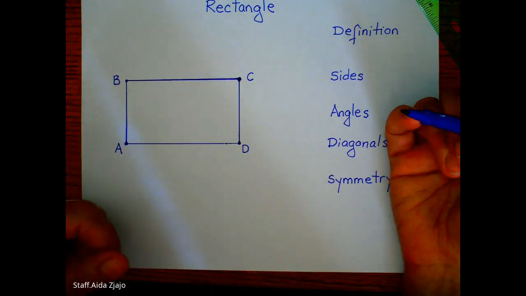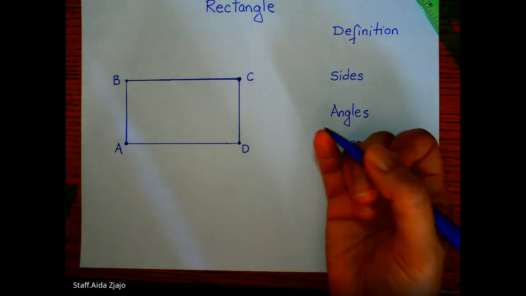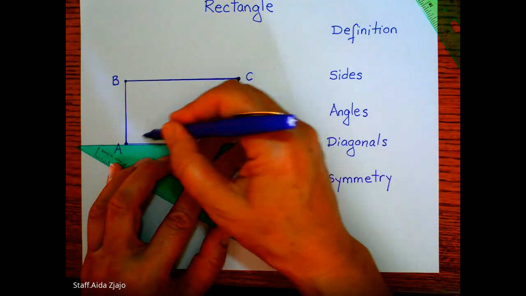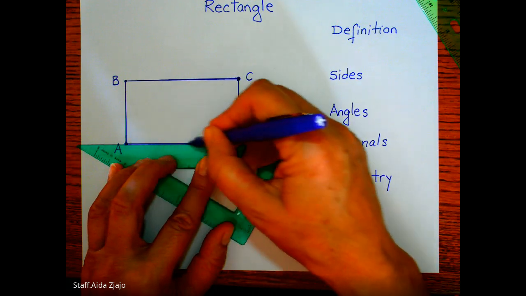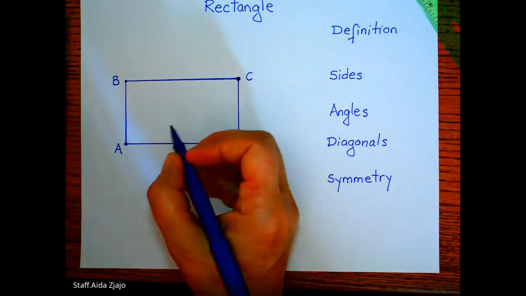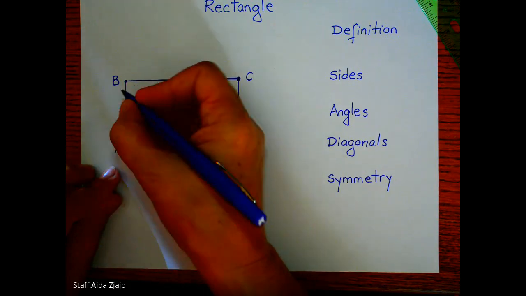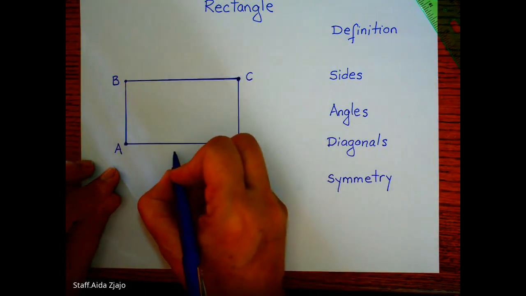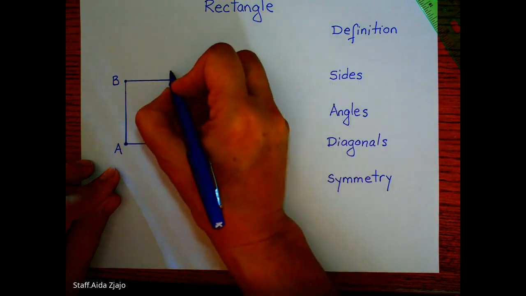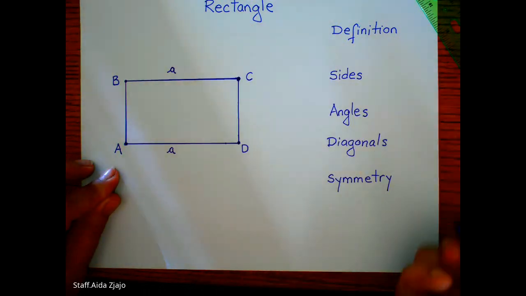If you would like to label the sides of a line segment, usually we use a lowercase letter for the sides. So, for example, this could be an a side, and then this will also be an a side. They are the same.